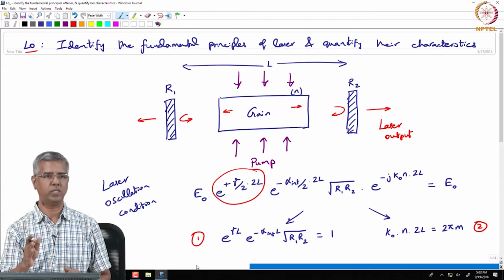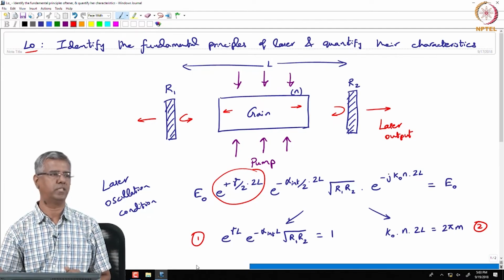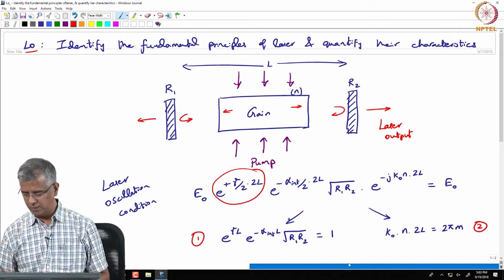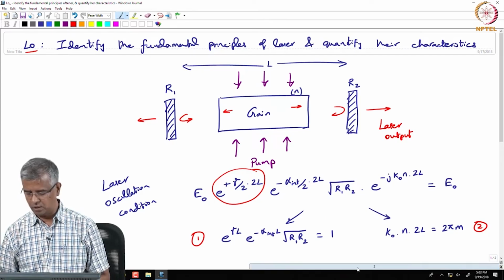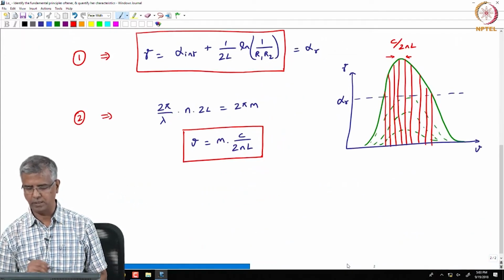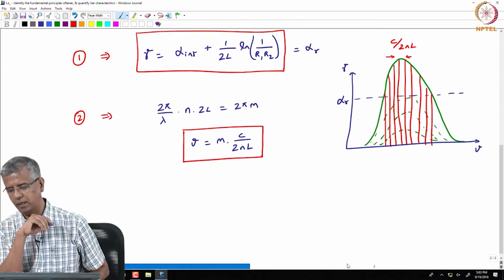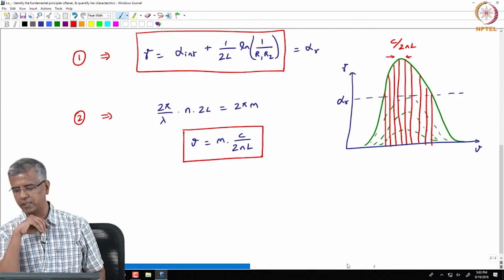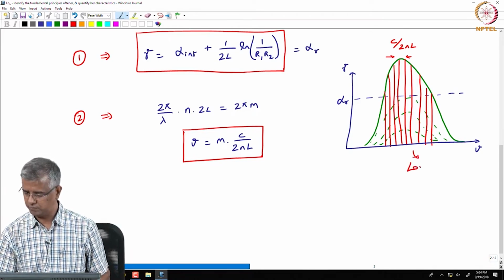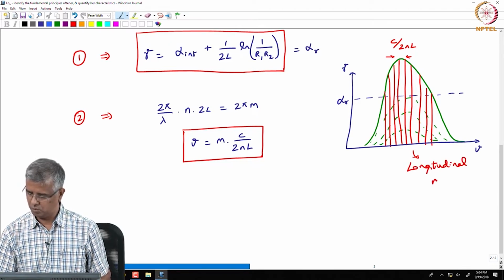Those are called transverse modes. Those are transverse to the direction of propagation. The transverse distribution is what we call transverse modes, but this distribution, which is because of the mirrors at the ends in the longitudinal direction, gives rise to what is called longitudinal modes.